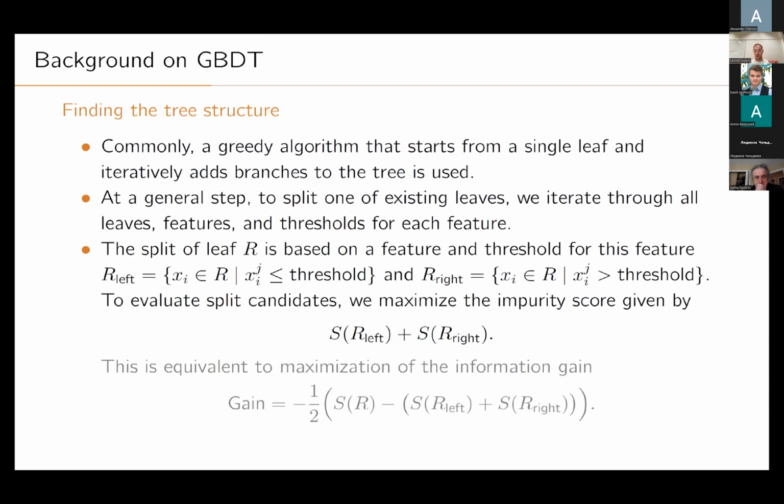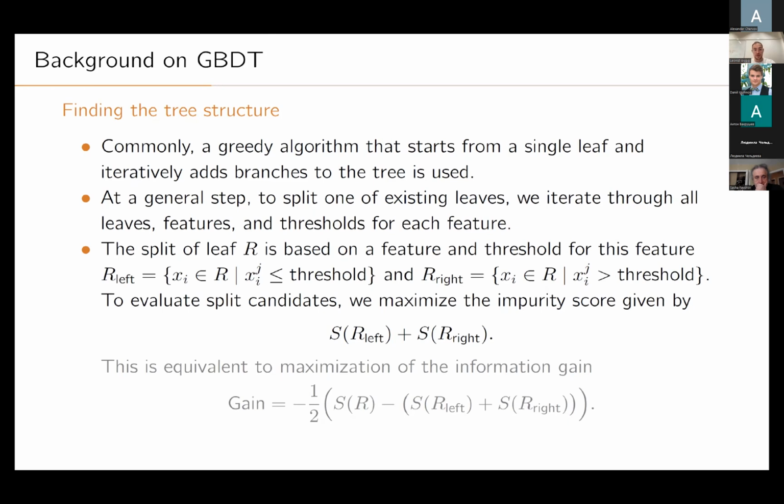To make a split, we need to iterate through all possible leaves, features, and thresholds, and compute this sum of the scoring functions. And we choose the split which maximizes this sum.